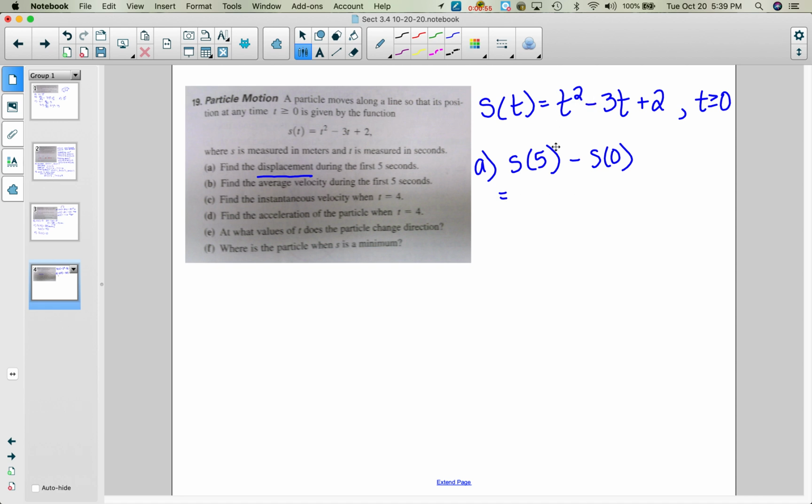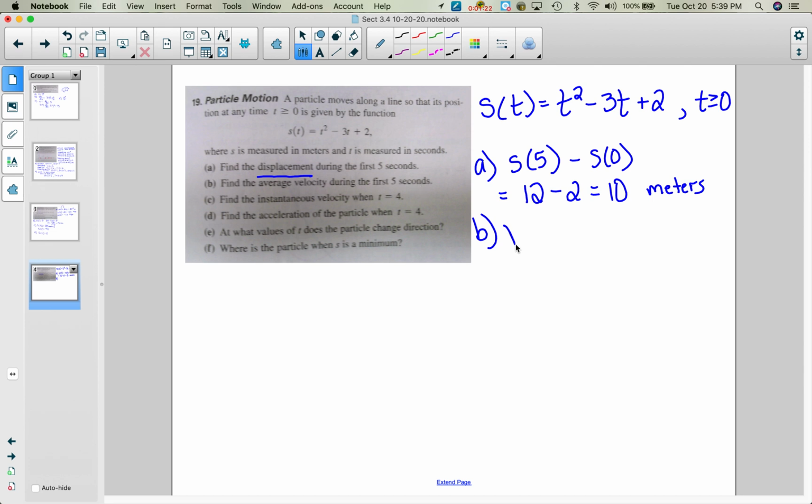If you plug in a 5, we get 25 minus 15, so 10 plus 2 is 12. And if you plug in a 0, you get 2. So subtracting, we get 10. And S is measured in meters, so this would be 10 meters. So that's the displacement.